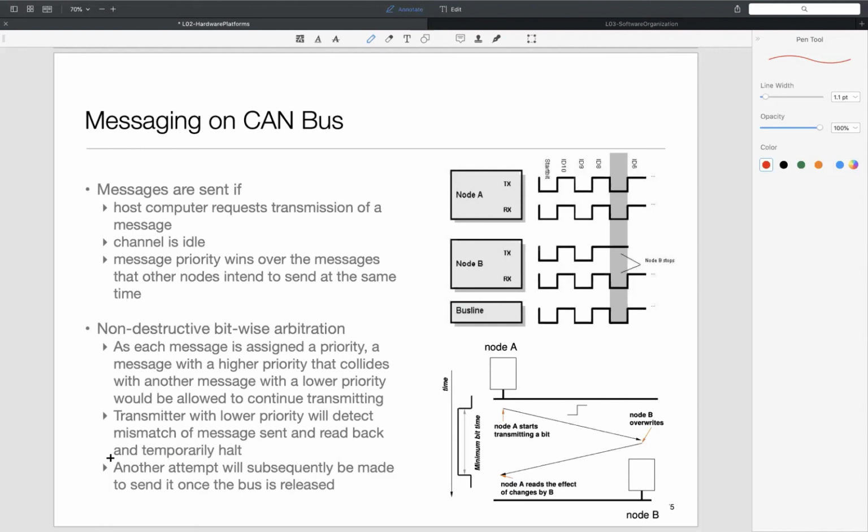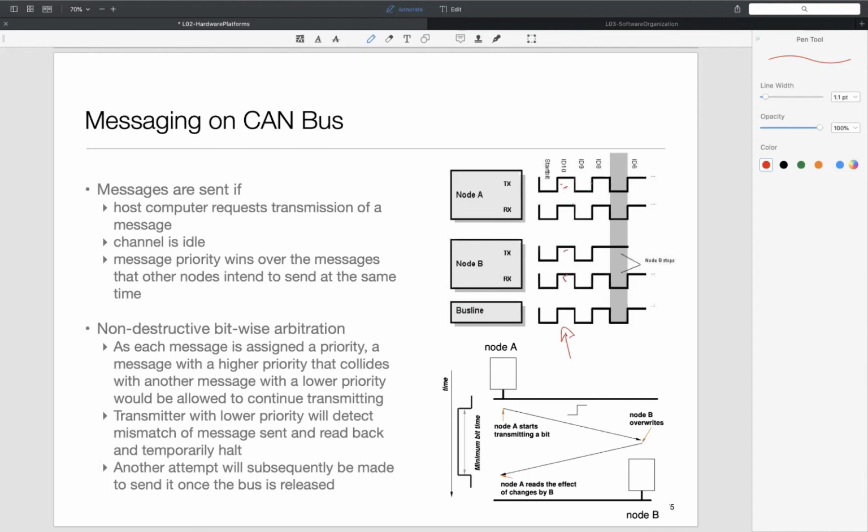So for example, in this particular case, at every clock tick after the start bit, you see different bits being sent out. On this clock tick, node A and B both sent a 1, and so they will hear back a 1.